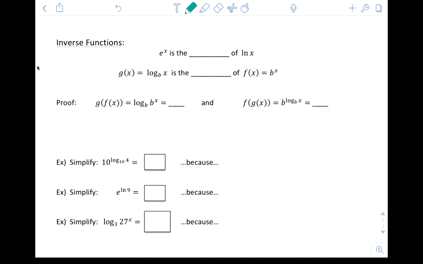Okay, so here's where it's going to get weird, if it hasn't already. In the lesson we just did last time, 12.3, we talked about how y equals e to the x. And again, that's exponential.